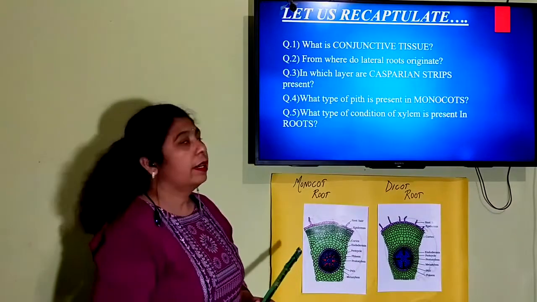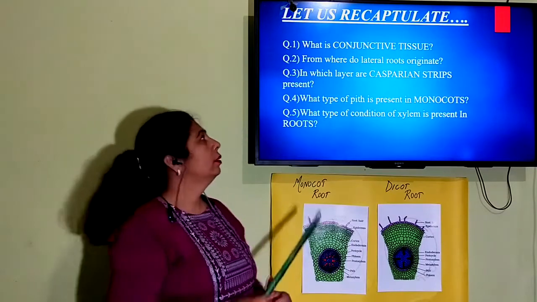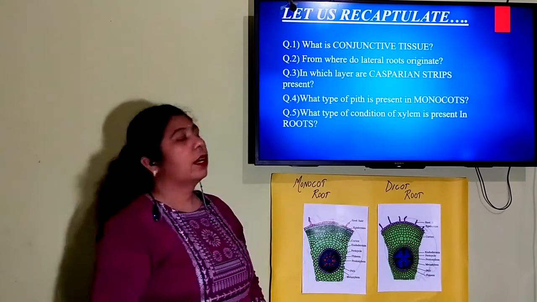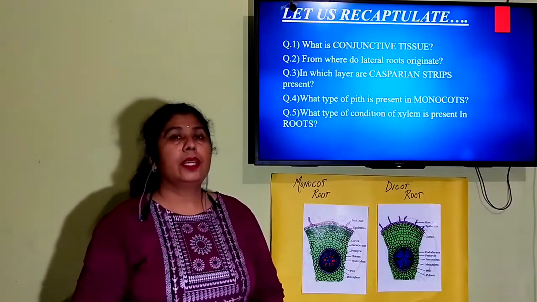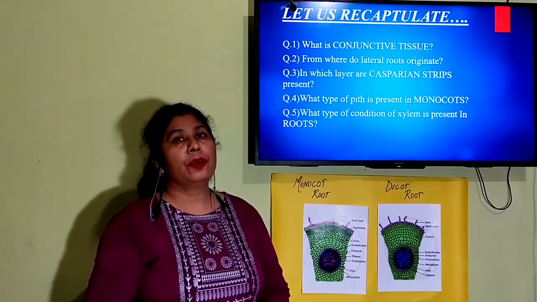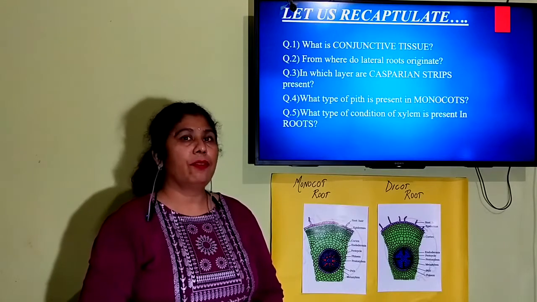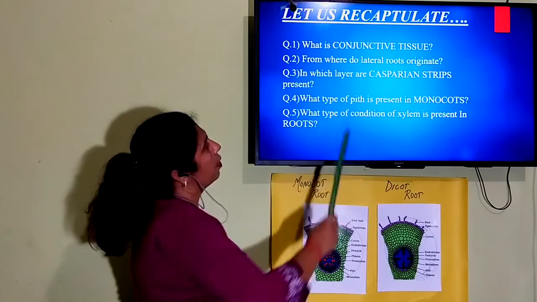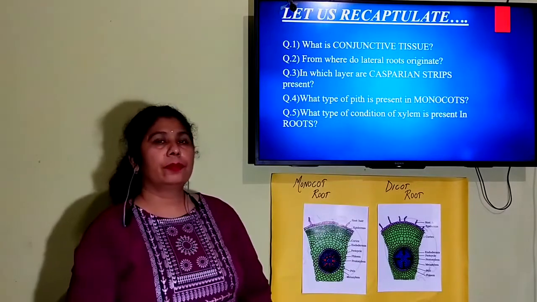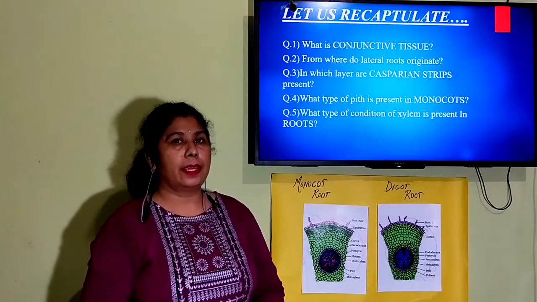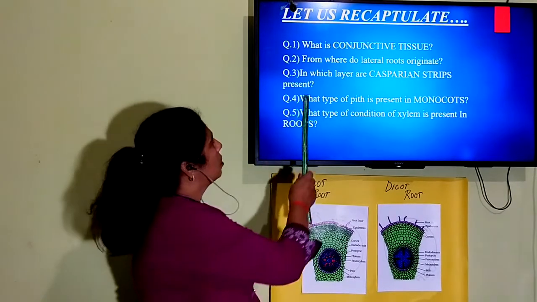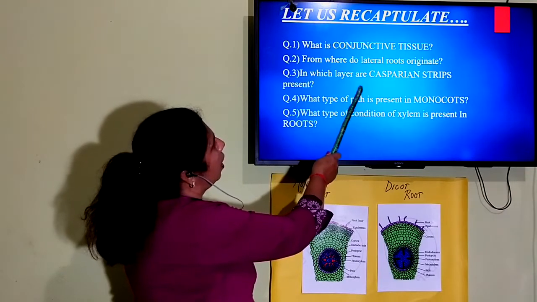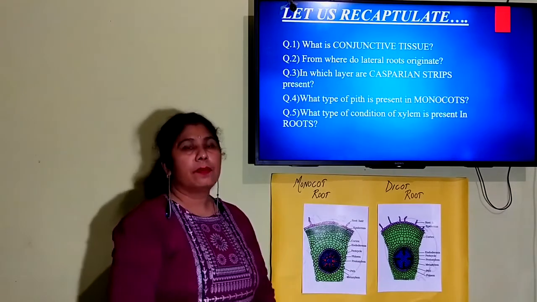Now, let us recapitulate the topic. First question: what is conjunctive tissue? It is a strip of the tissue between the xylem and the phloem. Next question: from where do the lateral roots originate? Answer is pericycle. Question number 3: in which layer are the Casparian strips present?